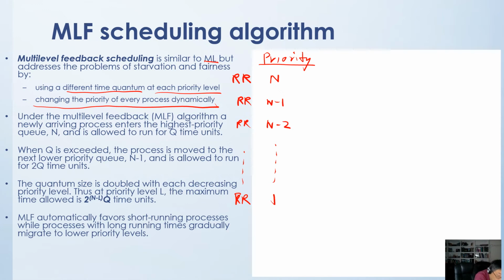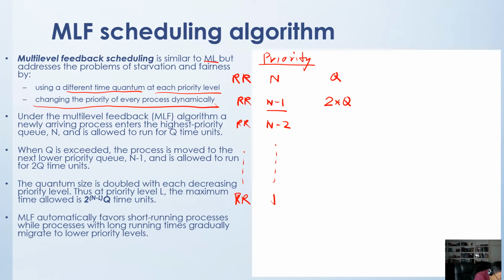At the top level, we're going to use round robin with, let's say, time quantum Q. And then in the next level, a lower priority level, n minus 1, we're going to use 2 times Q as the time quantum.